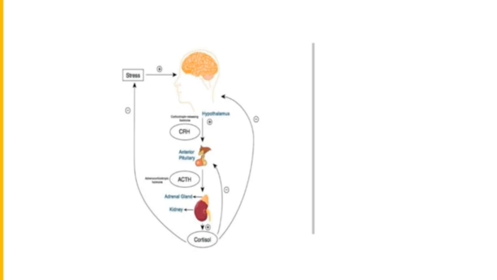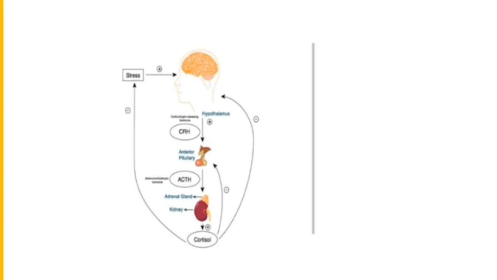This cortisol also causes the release of calcium from the bones into the blood. So it's a kind of catabolic hormone, a hormone that induces catabolism, the breakdown of energy stores.